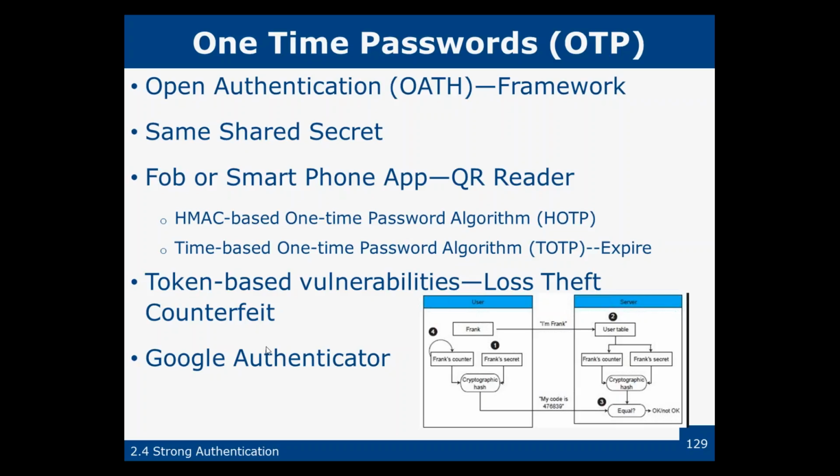Some of these things, the fob or smart card, a phone app can actually get the shared secret through a QR reader so that it gets changed regularly. Otherwise, the shared secret is going to be part of the something that we know with these things. So that can be one of the issues with these things. The vulnerabilities: loss or theft.